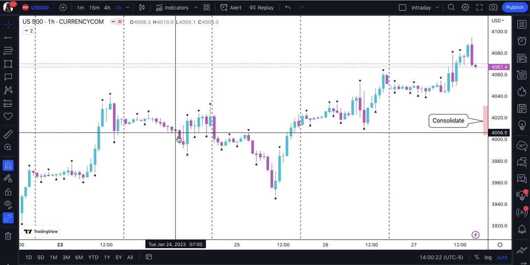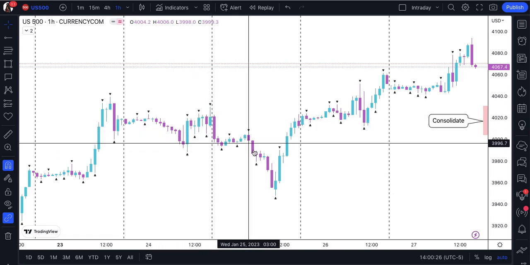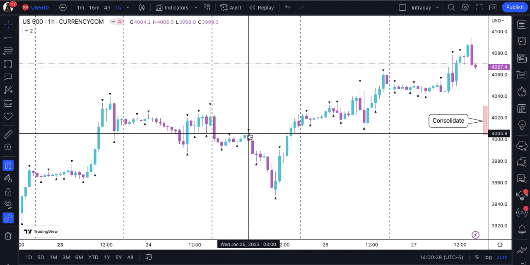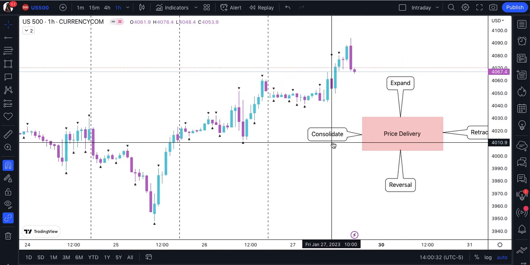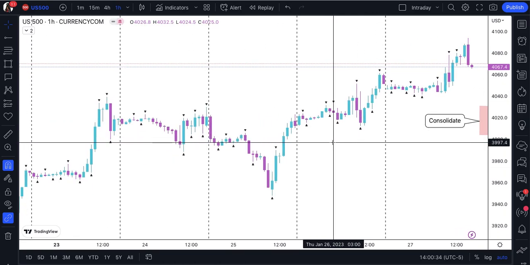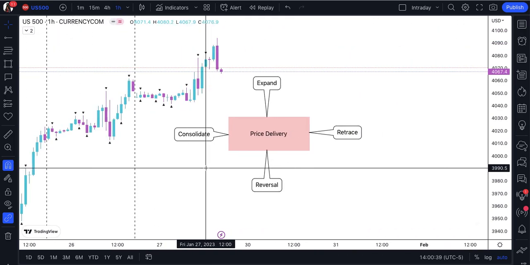The price expands down and then it retraces. And then it expands again. Then it retraces. Then it expands. Then it reverses. So a retracement is just the pullback after the expansion to create another expansion.